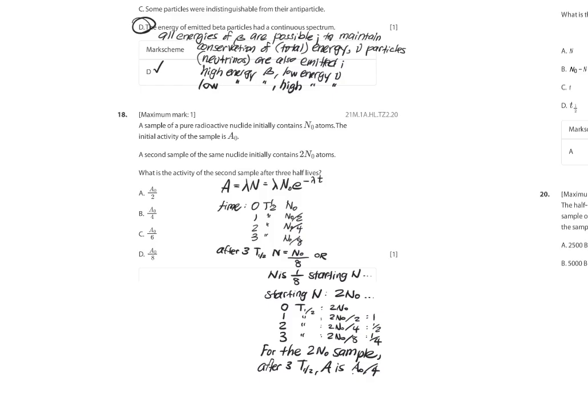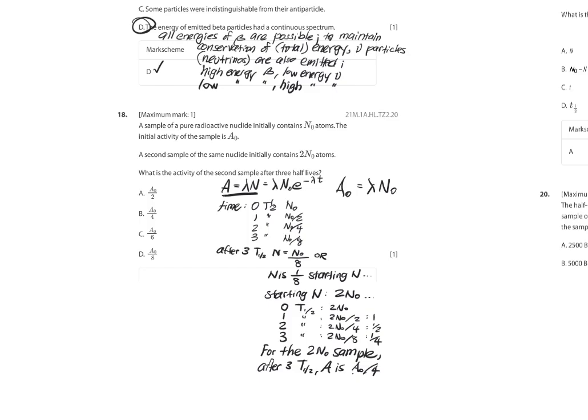Now we can see that the activity is the decay constant times n. And so the A naught, the original activity rate, is lambda times the original count. But after 3 half-lives, it's going to be 1/8 of what it was originally, because the count is now 1/8 of what we started with.